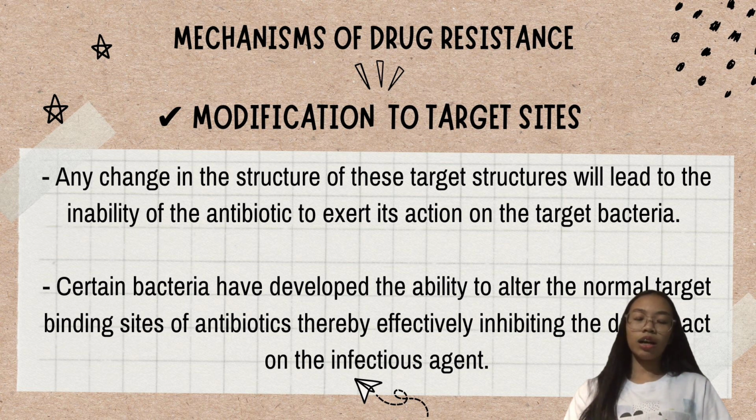Modification to target site. Any change in the structure of the target will lead to the inability of the antibiotic to exert its action on the target bacteria. Certain bacteria have developed the ability to alter the normal target binding sites of antibiotics, thereby effectively inhibiting the drug from acting on the infectious agent.